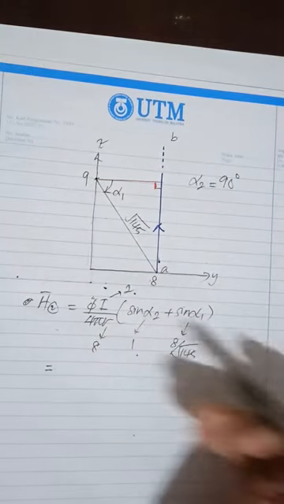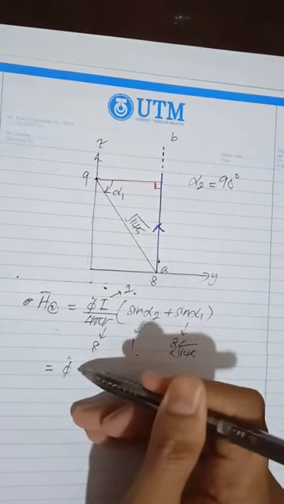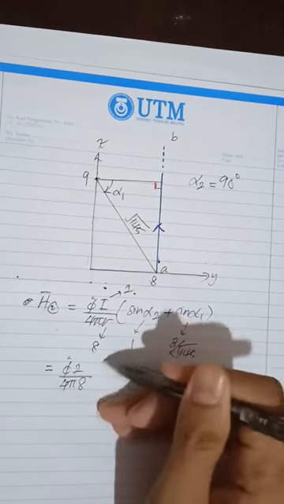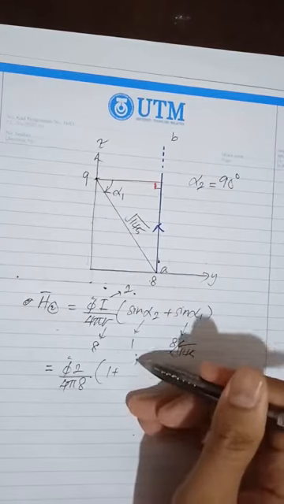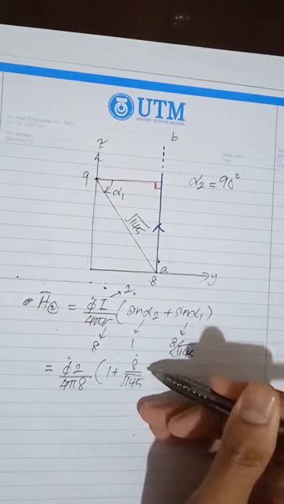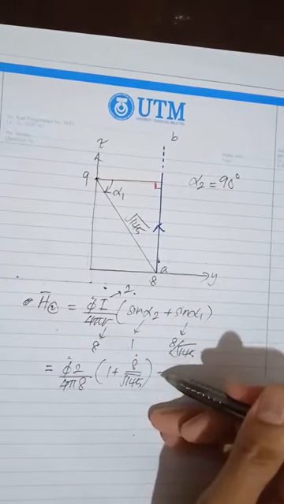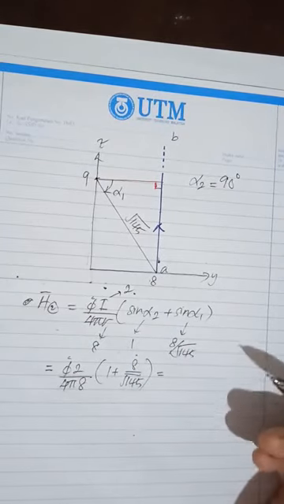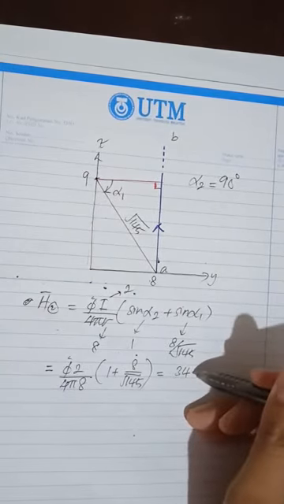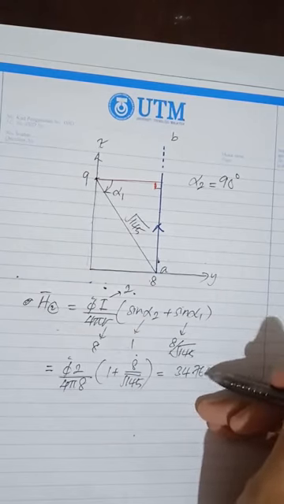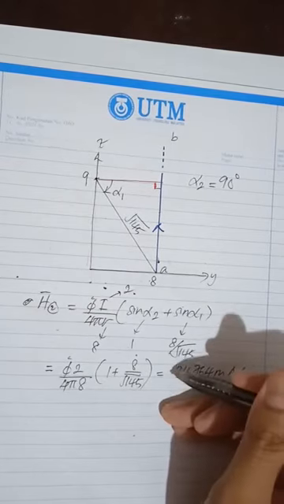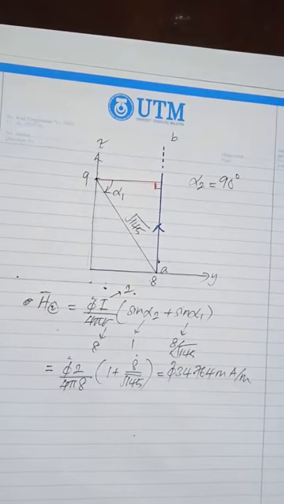You will see 2 over 4 pi times 8, times 1 plus 8 over the square root of 145. This will give you the value of 34.764 milliampere per meter, but in the phi direction.